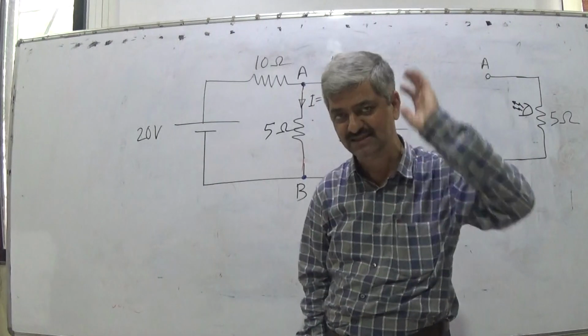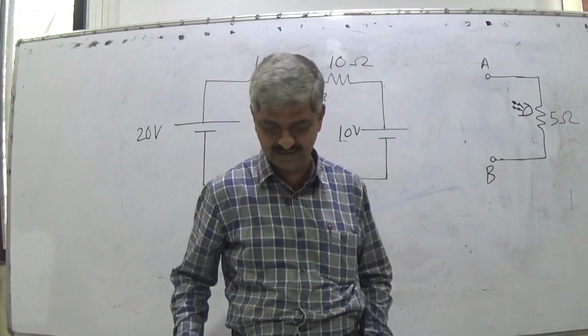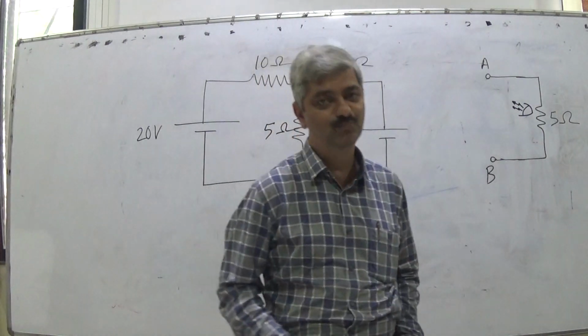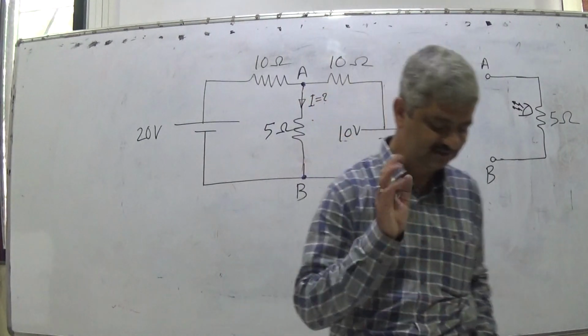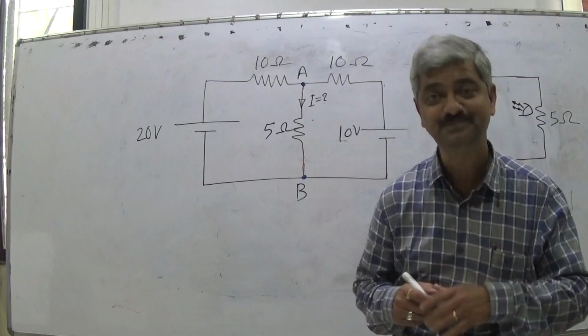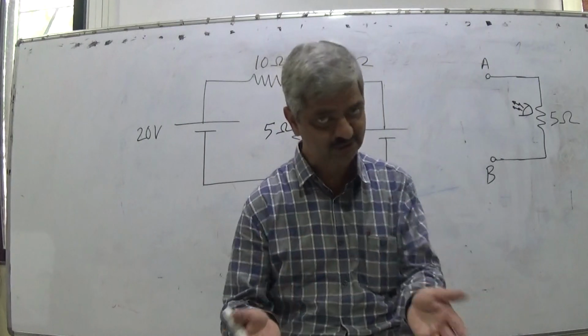The smallest equivalent circuit which you can construct with the help of resistance and voltage sources is a single resistance and a single voltage source. So it was assigned to you. You might have developed it, you may verify. Those who could not develop can just watch it.